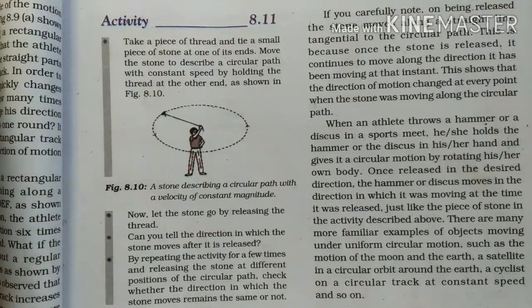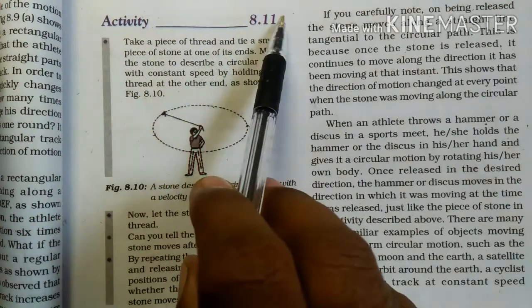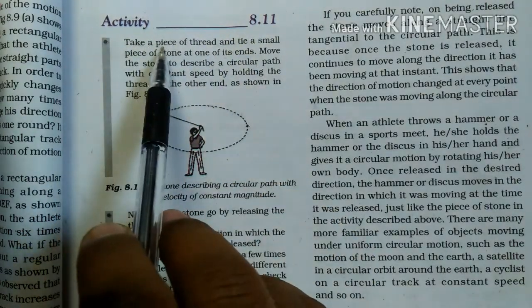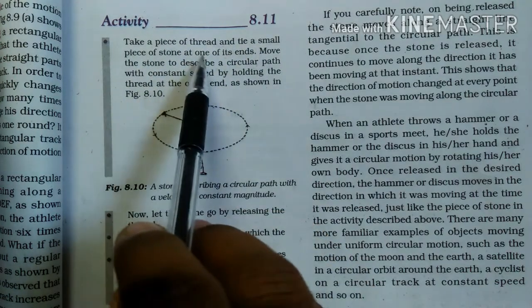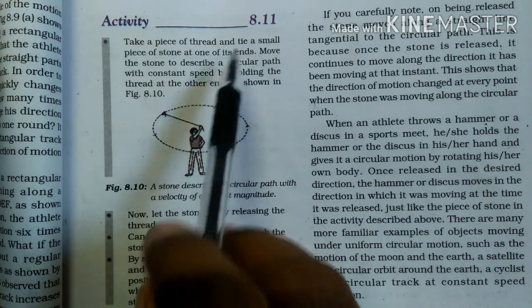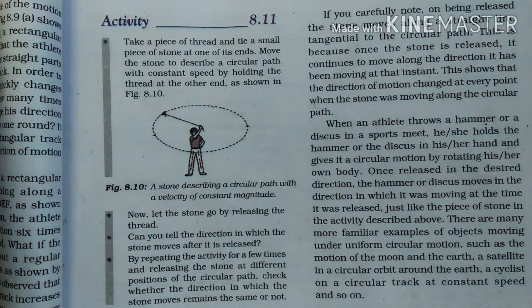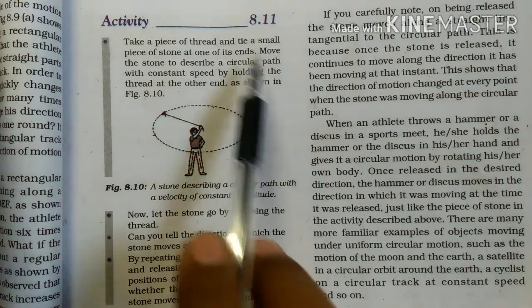On this page, one activity is there, that is activity 8.11. Take a piece of thread and tie a small piece of stone at one of its ends. We have to take a thread and also a piece of stone, and that piece of stone is tied at one end of the thread.